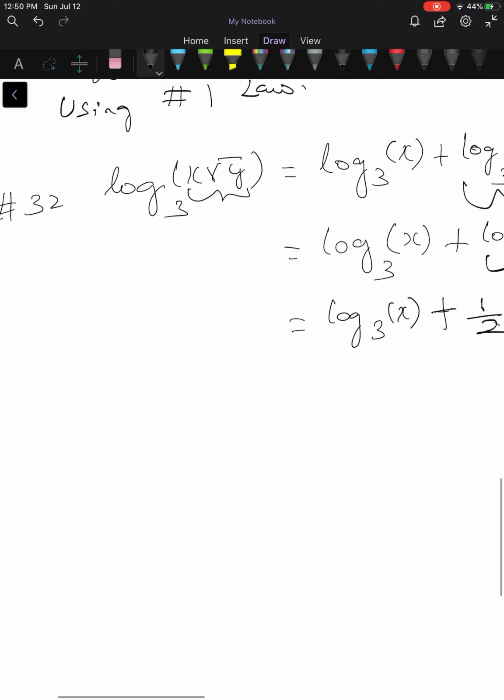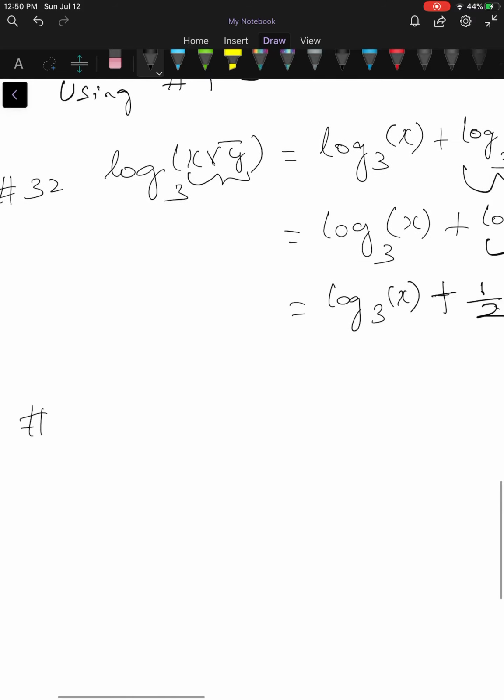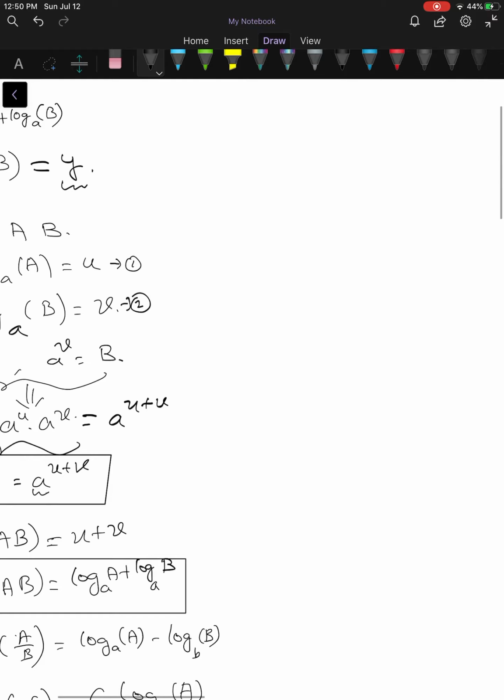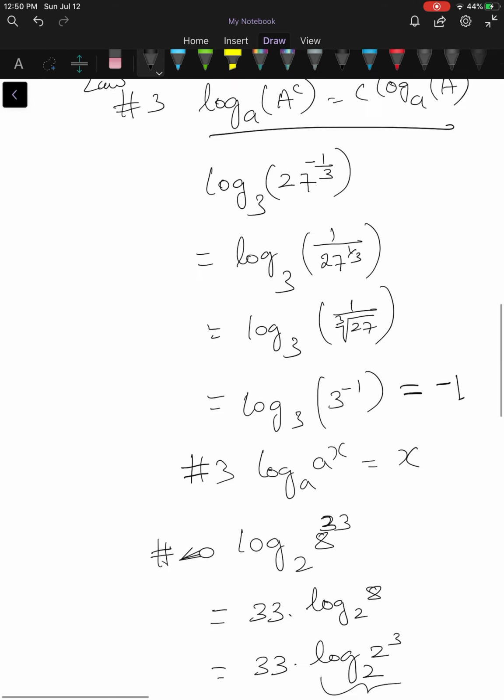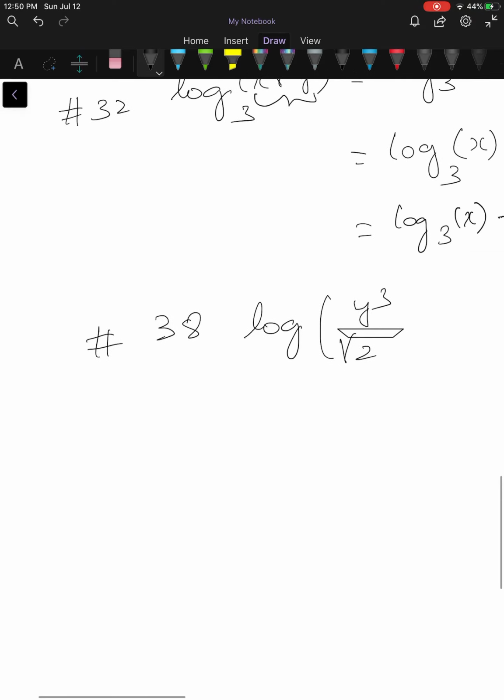Okay, I will do another problem for you where we can apply law number 2. So this is number 38 in the book. Say log of y cube divided by square root of 2x.